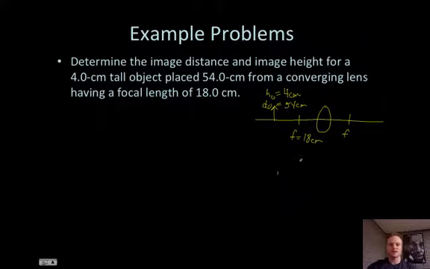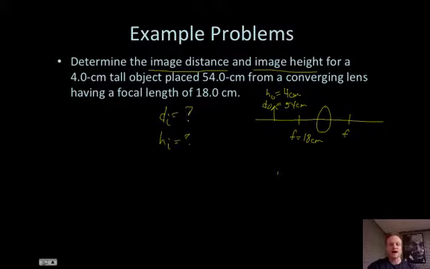So this is what I know. I want to know the image distance and the image height. So I'm wondering what in the world is d sub I, and I'm wondering what h sub I is. Those are my two questions.